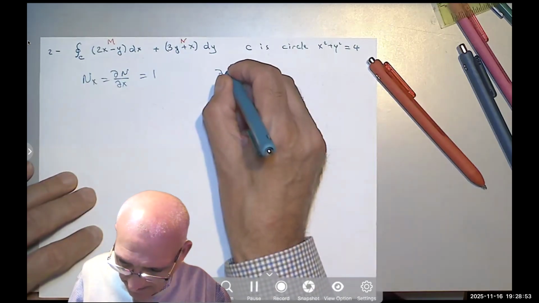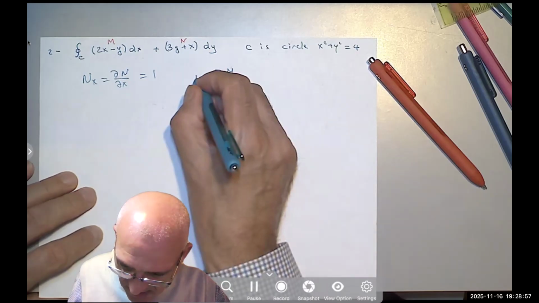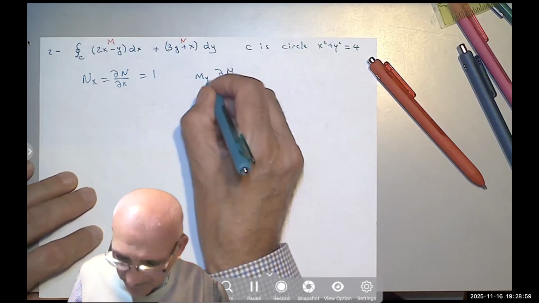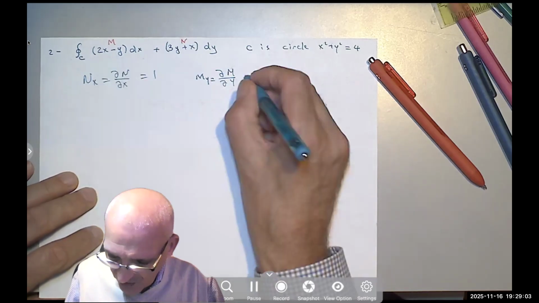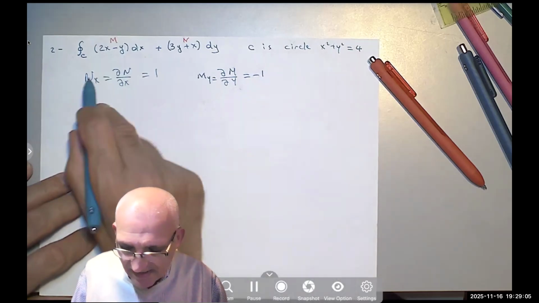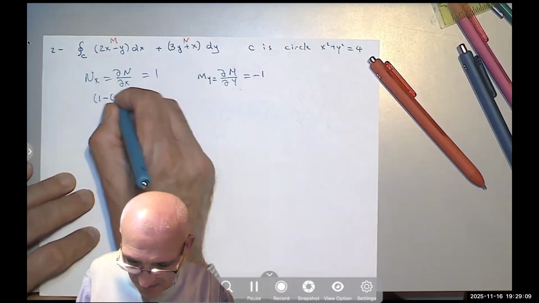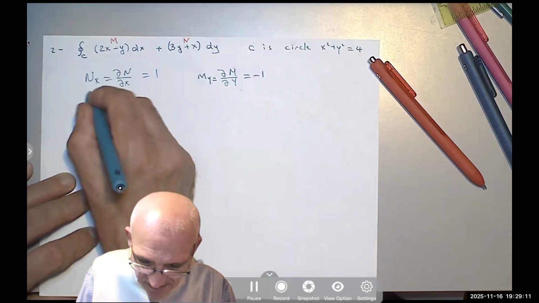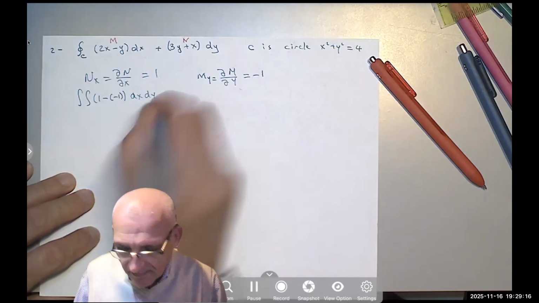Partial m partial y, which is the my. Okay, when you take the derivative of m with respect to y, you get -1. So nx minus my would be 1 minus -1. And then you take a double integral dx dy.